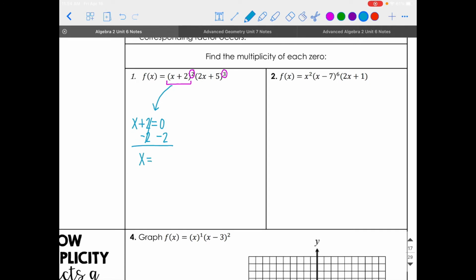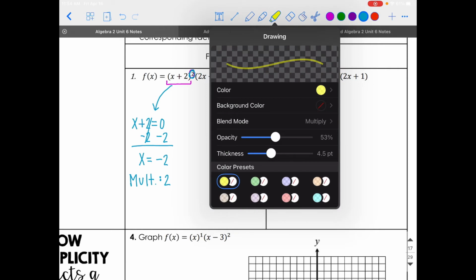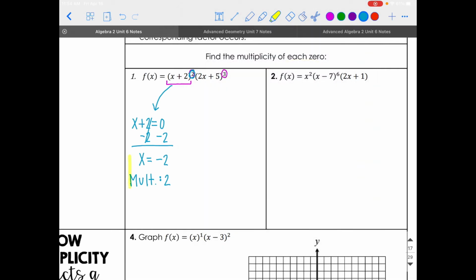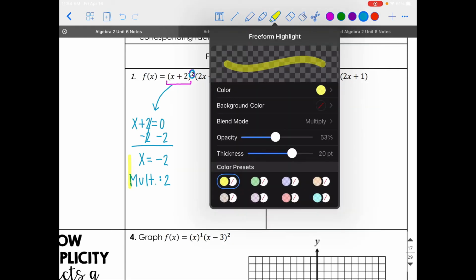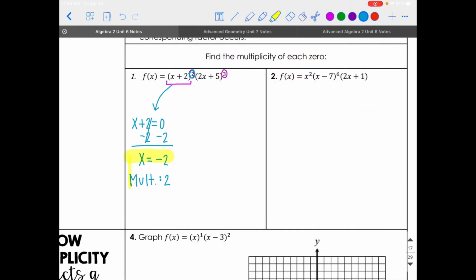X equals 0 minus 2, which is -2. And then we say the multiplicity is 2 because that was the exponent.